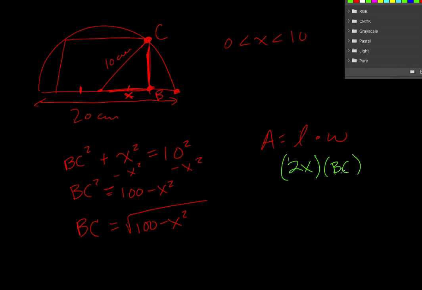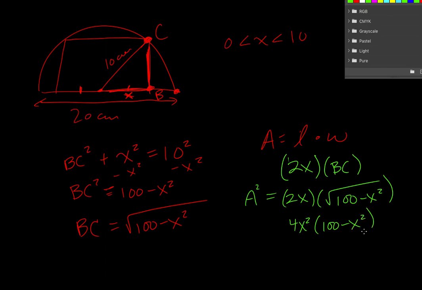Now we have an expression for BC, so it's going to be 2x times the square root of 100 minus x squared, and that's our area. And if we continue to simplify that, we can square both sides, and then we just square everything right here. So it's 4x squared times 100 minus x squared.